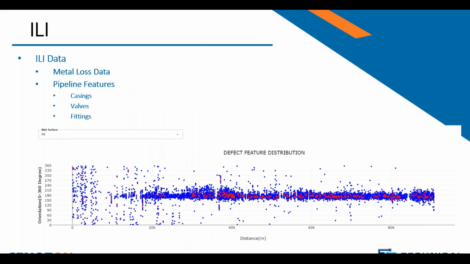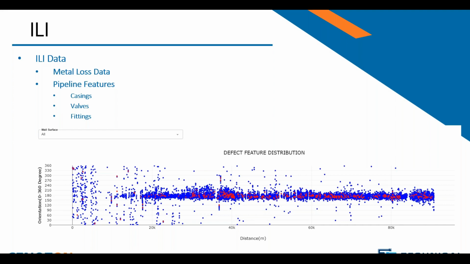ILI data, as I mentioned, we do support import, hosting, and analysis of your ILI inspections. And here's an example of the feature distribution along this particular pipeline with respect to internal and external defects that were identified in the inspection.